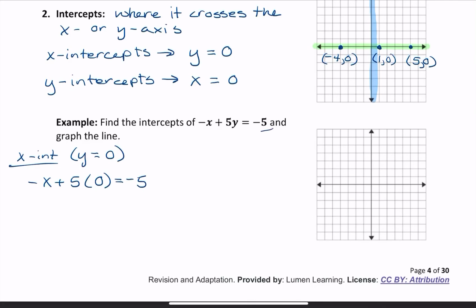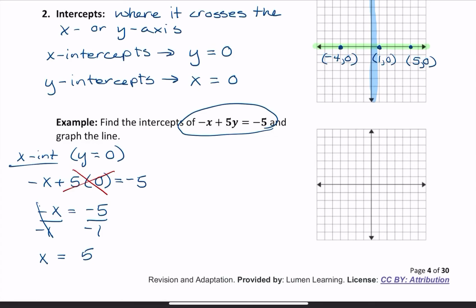So plugging straight into our equation here. And what's going to happen, any term that's with a y is going to go to 0, which will leave me -x equals -5. And then I'm going to divide by -1 to get x by itself. So x equals +5. So my x-intercept is 5, 0.